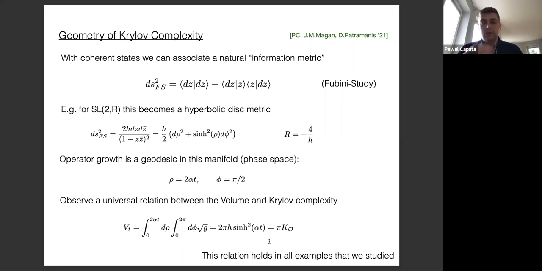So in our paper, we considered various other generalized coherent states in the algebras and computed operator growth scenarios. And for various trajectories and various geometries, we can interpret the Krylov complexity of a certain operator as a volume in this Fubini-Study metric.